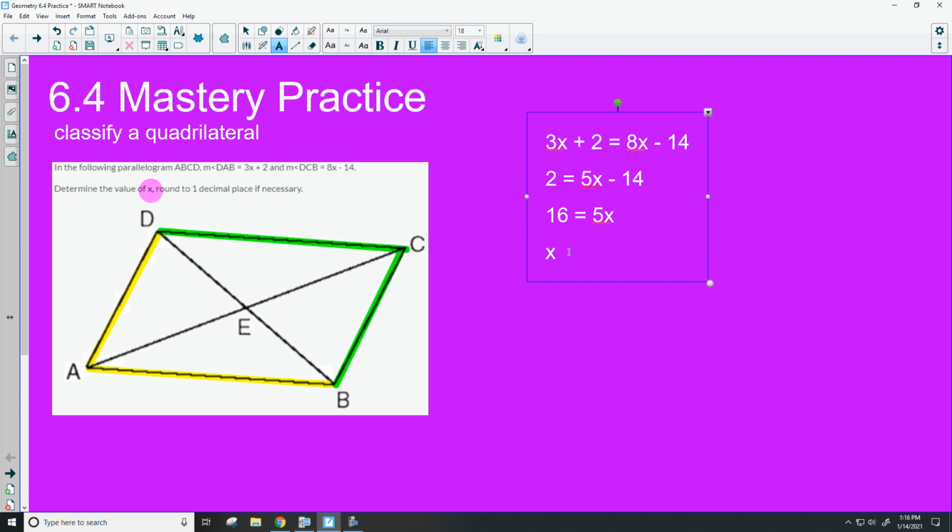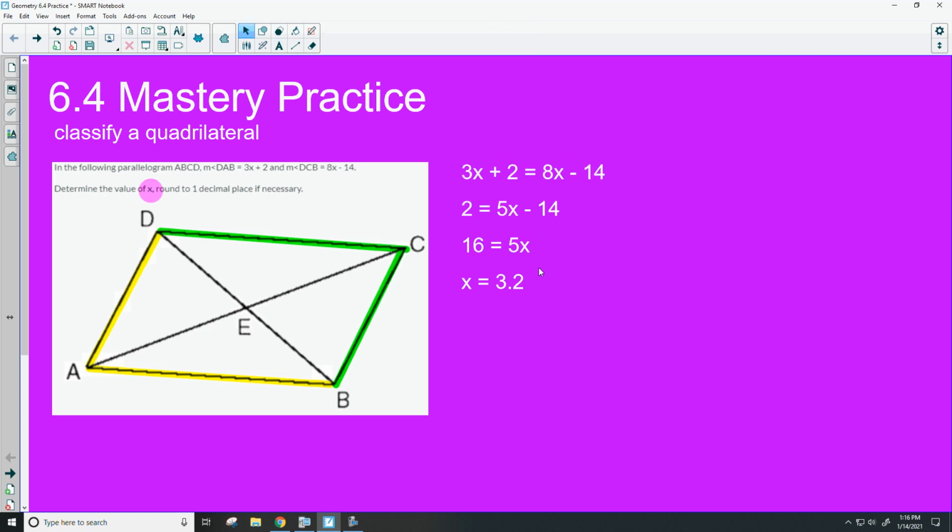So x equals 3.2. And it says round to 1 decimal point. That is 1 decimal point. Says solve for x. I did solve for x. So for this problem, x is equal to 3.2. And again, the trait that I used, opposite angles are congruent.